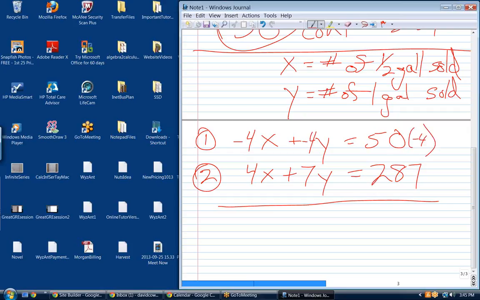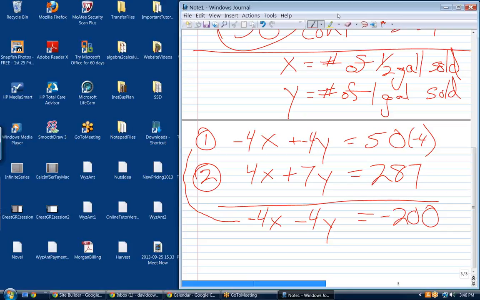Okay, so I'm going to rewrite equation 1 down here. It's now -4x minus 4y equals -200. In other words, I'm allowed to do anything I want to that equation as long as I do it to both sides. It doesn't change anything.